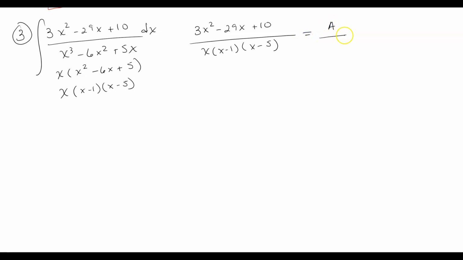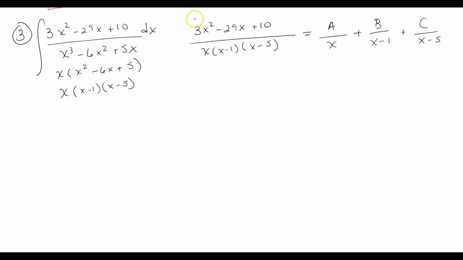That's first A over x plus B over x minus 1 plus C over x minus 5. So at the end of the day, I'm going to have probably 3 integrals that I'm going to have to look at. And I'm looking at it now, and I'm thinking that it's probably going to be natural log stuff again, but let's figure that one out.